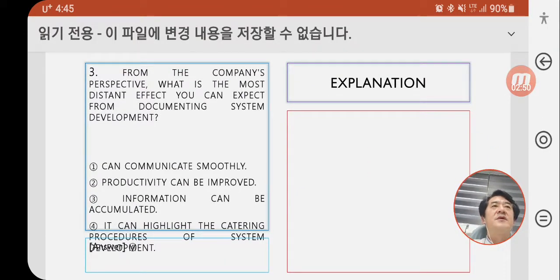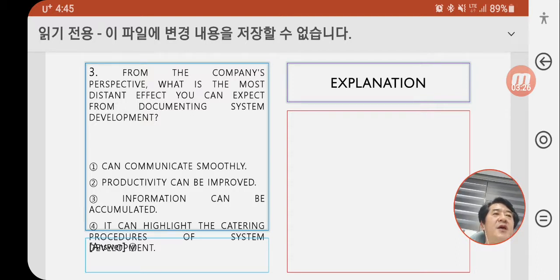Next question. From the company's perspective, what is the most distant effect you can accept from documenting system development? Number 1, can communicate smoothly. Number 2, productivity can be improved.